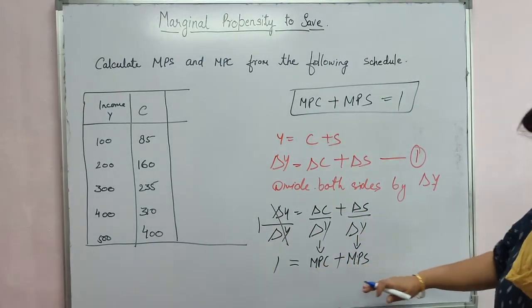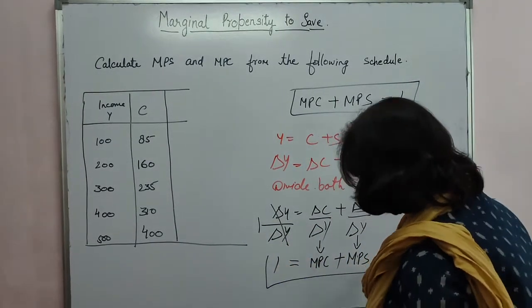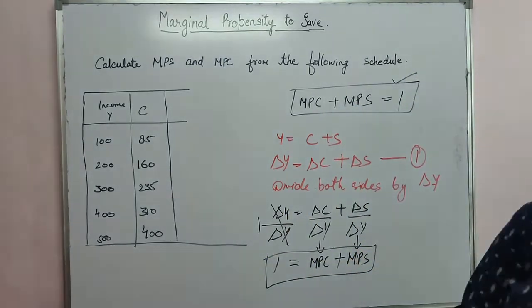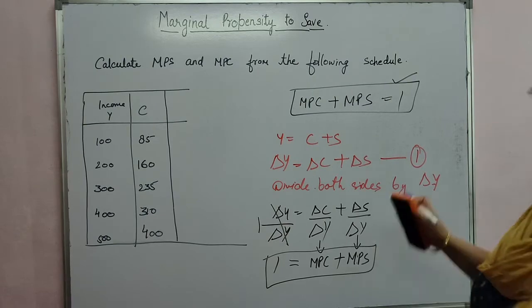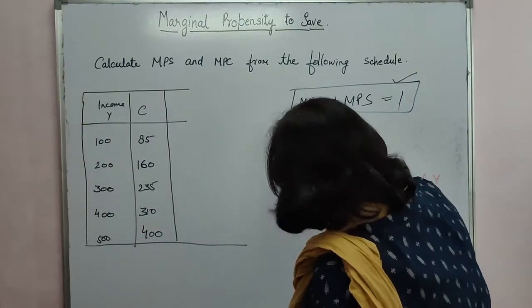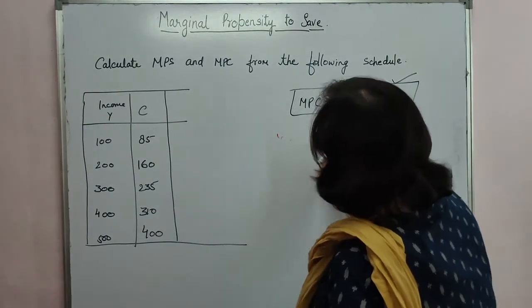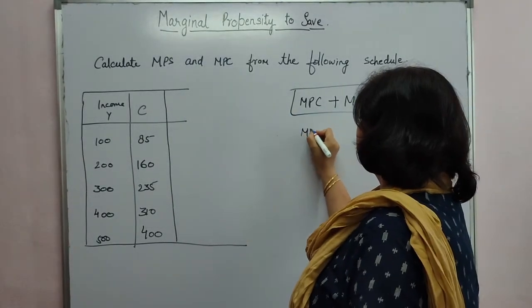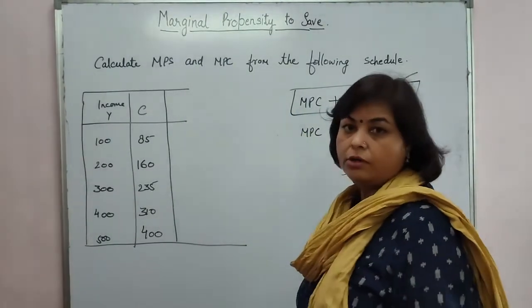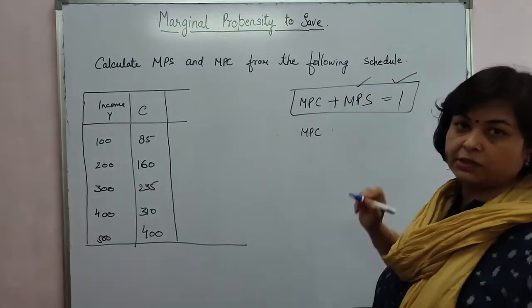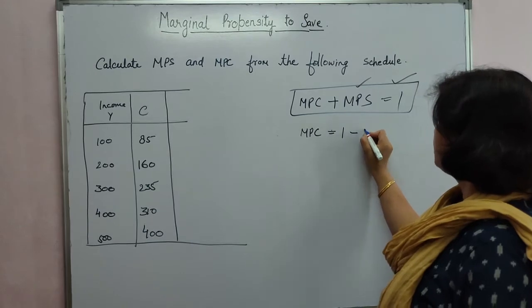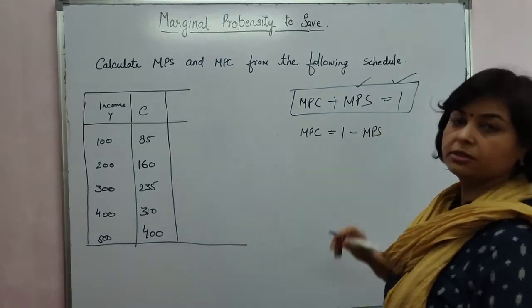Hence it is proved that the sum of MPC and MPS is equal to 1. In the same way, if we have to calculate the value of MPC and we have got the value of MPS, we can use this formula: MPC is equal to 1 minus MPS.